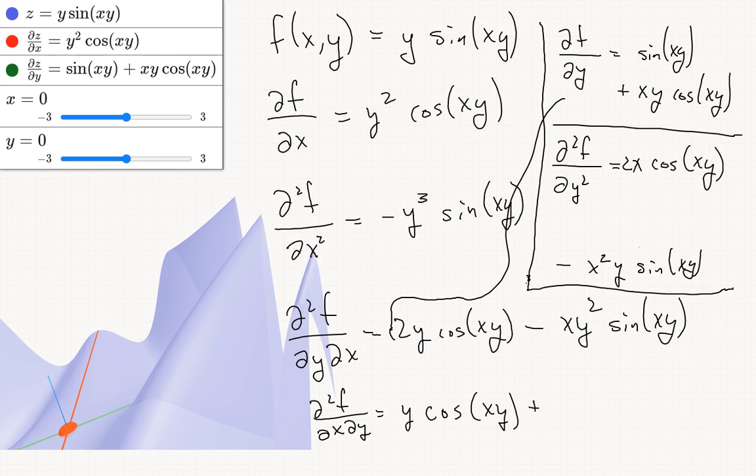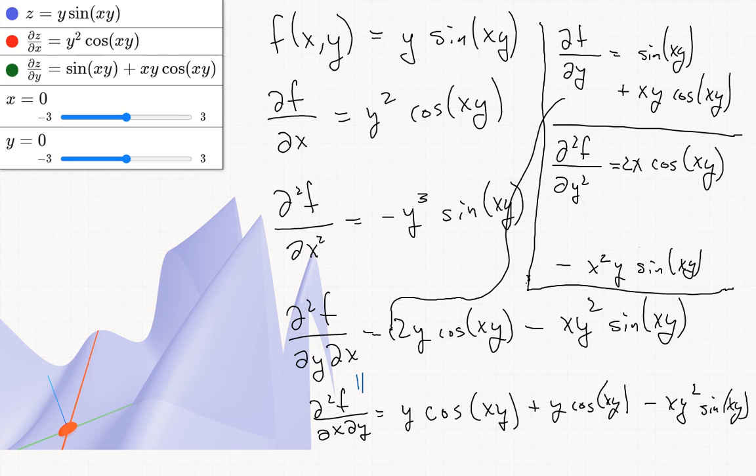And then here we use the product rule again. So we'll need another y cos(xy). And then the chain rule, it'll be minus xy² sin(xy). And again, you can see that we got the same answer for taking the mixed partials of x and y in both directions.